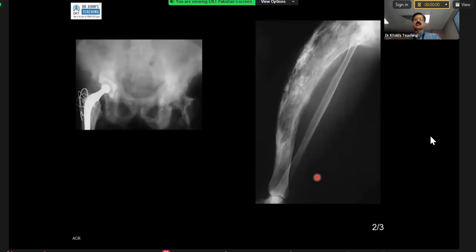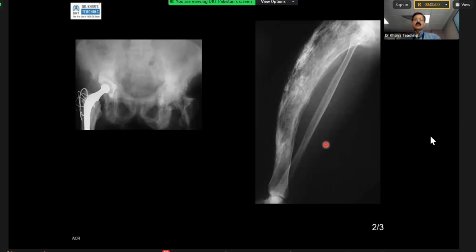In this Paget's candidate, what do you think is happening here and here? I think there is a secondary pathological fracture noted. Excellent. In Paget's, pathological fractures occur because it is an insufficiency fracture. Please remember the concept of stress fracture versus insufficiency fracture. Stress fracture is abnormal stress on normal bone.